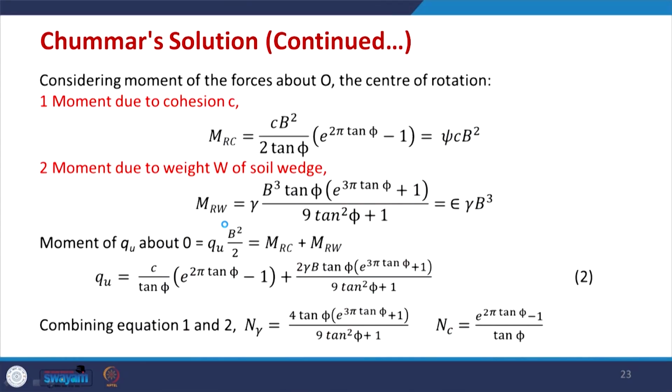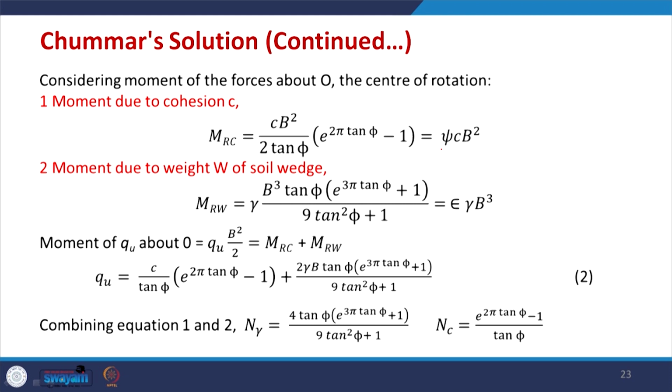So, considering the moment of the forces about point O, which is the center of rotation, the moment due to cohesion, which will provide a resisting moment, is given by this relation, M_RC = C B square times a function of phi. So, what you could see here is that besides C and B, this is a function of phi only.